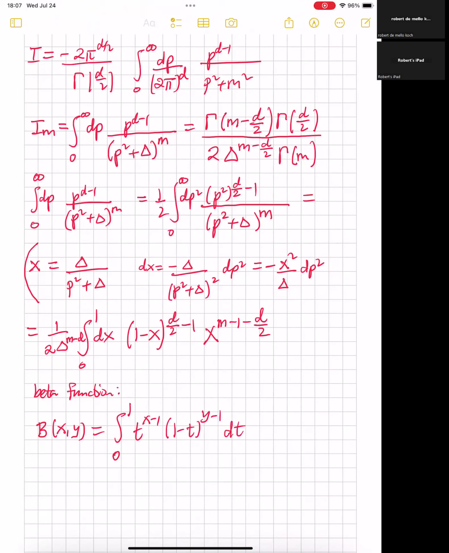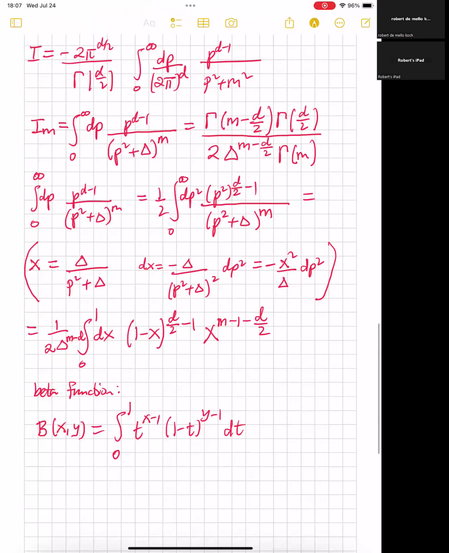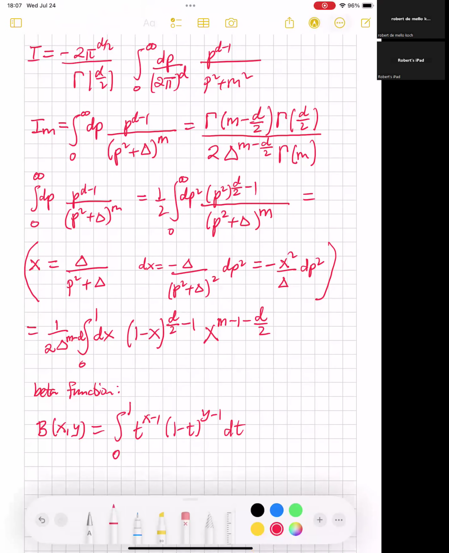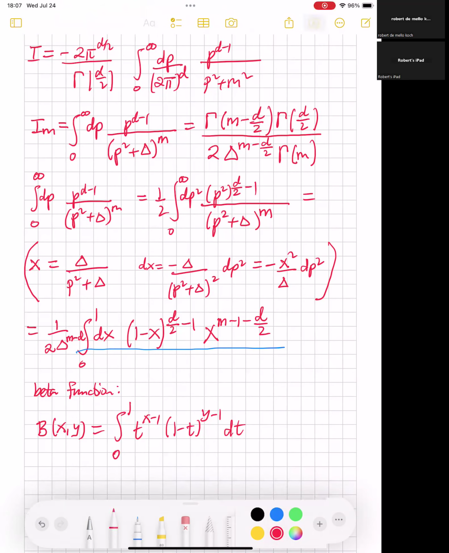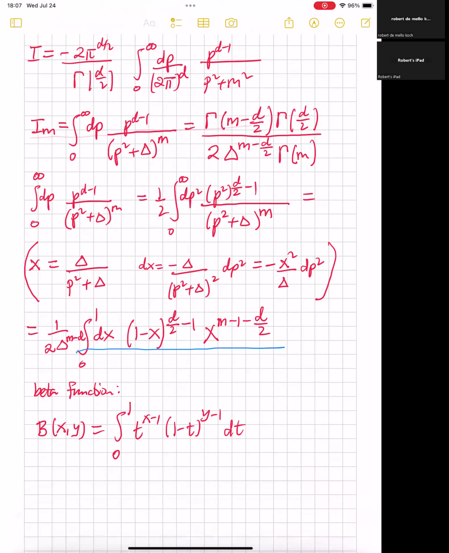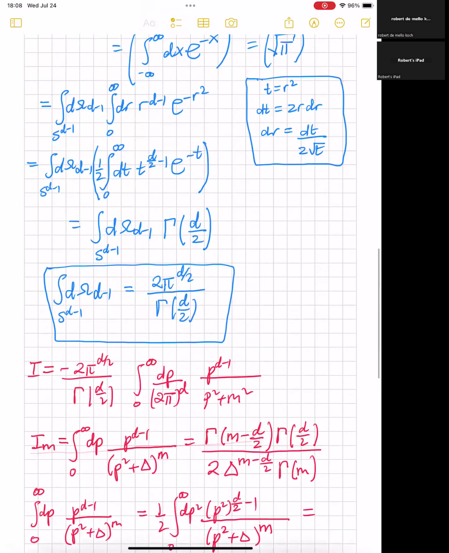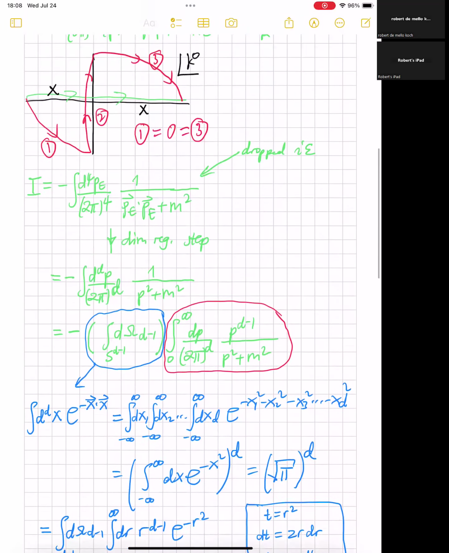It's an integral from 0 to 1 of the integration variable to a power, 1 minus the integration variable to a power. And this is exactly the form of the integral that we've got over here. So this really is the beta function. And this thing has been evaluated, and the answer is gamma of x times gamma of y over gamma of x plus y. Okay, so this now is our answer for doing the integral in d dimensions.